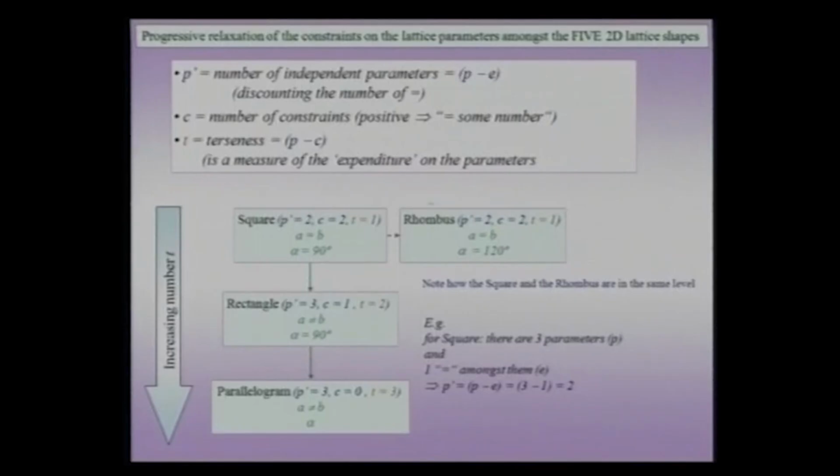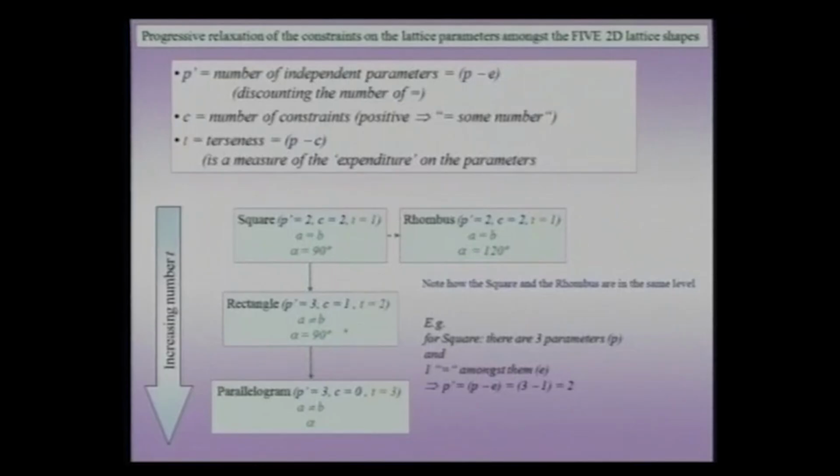If you consider the rhombus lattice, the number of independent variables is 3, and there are 2 constraints, one being a equal to b, the other being on the angle, which is 120 degrees. Therefore 3 minus 2 is 1, and the terseness value for the rhombus lattice is also 1, which is why the square lattice and the rhombus lattice have been placed on the same level.